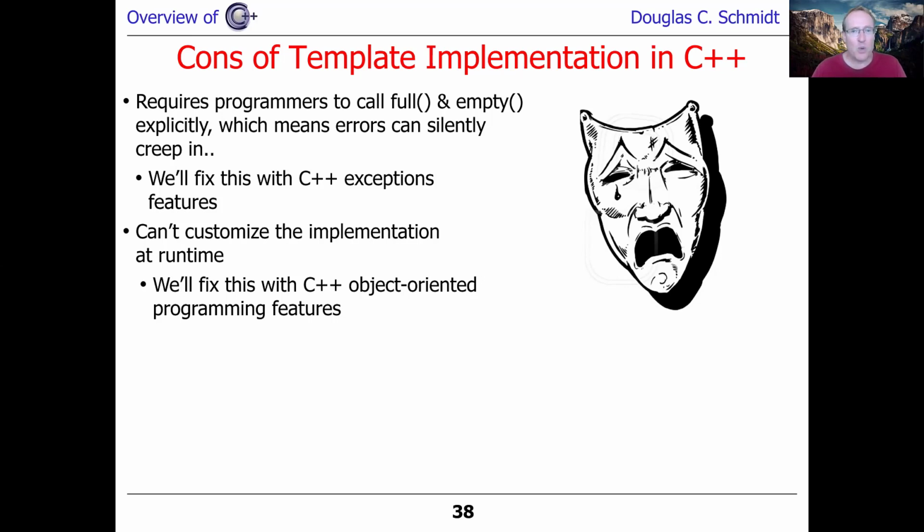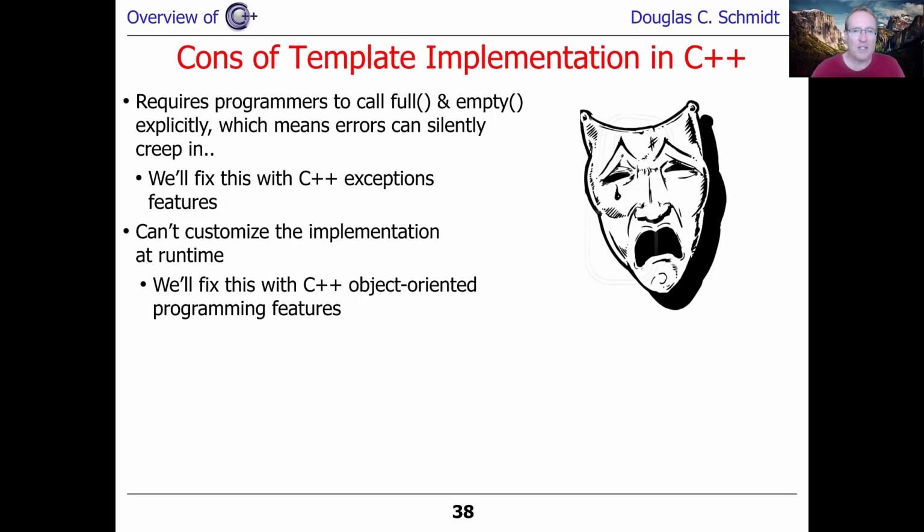Now we're going to fix this with C++ exceptions and the C++ exception features very shortly, but that was a limitation with the generic programming technique that we looked at up to this point. That's not a limitation with generic programming, by the way, it's just a limitation with the way I used it heretofore. And the second thing, which is a more interesting problem, is that we couldn't customize the implementation of our generic stacks at runtime.